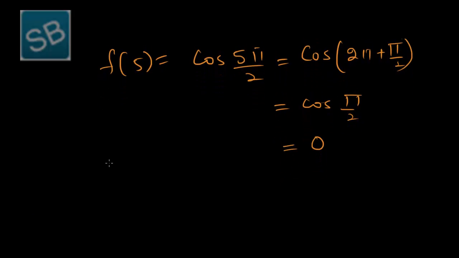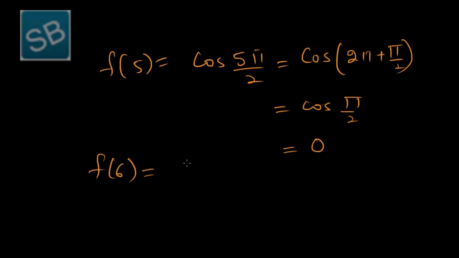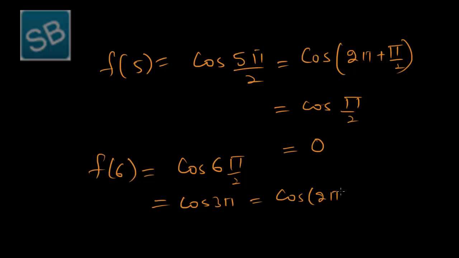Now the last term is f6. That is cos 6 pi by 2. That is cos 3 pi. That is cos of 2 pi plus pi. Cos of 2 pi plus theta is cos pi. That is minus 1. So these were the values of the first 6 terms of the sequence.